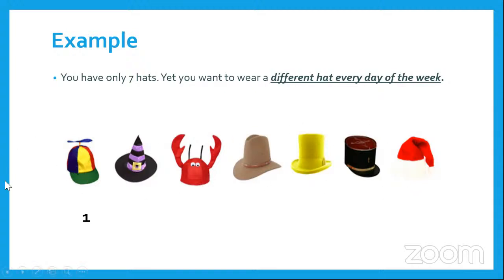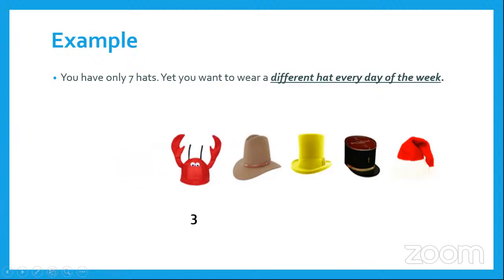On the second day, Tuesday, we are left with 6 choices only because we cannot wear the same hat. The condition is that we have to wear a different hat every day. So on Tuesday, we have a choice of 6 different hats and we have selected this particular hat.